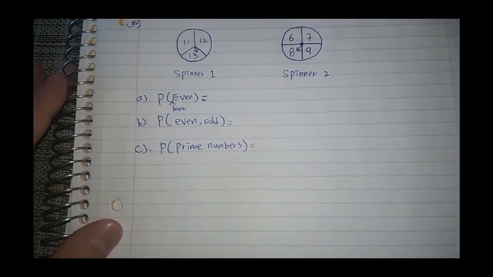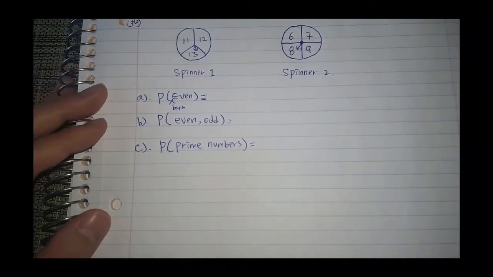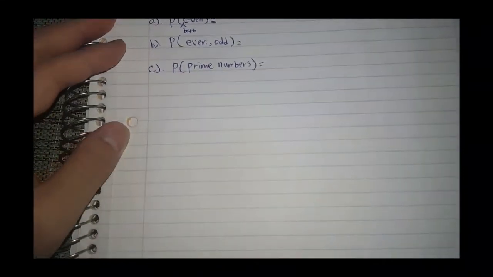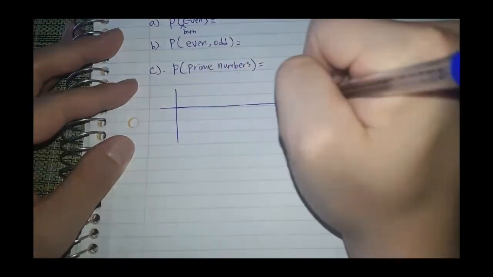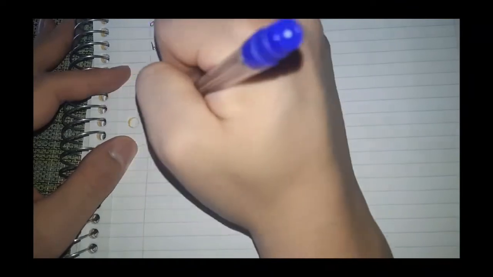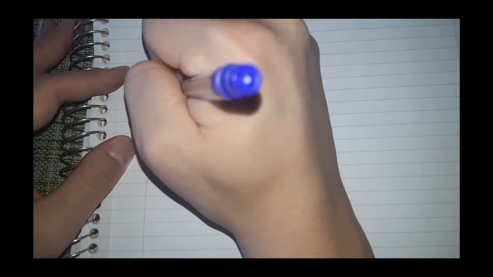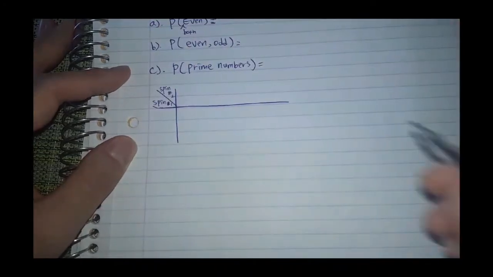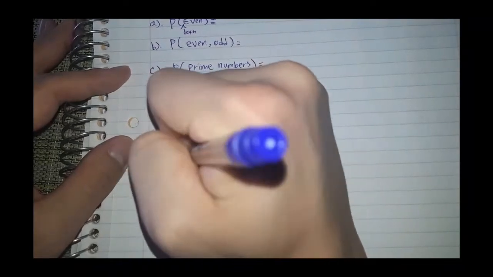If we are dealing with multiple spinners, like I mentioned, a tree diagram or table is a good method. Let's do a table this time. Why don't we create a table so that spinner 1 goes vertically, spinner number 2 goes horizontally. You have 11, 12, and 13.